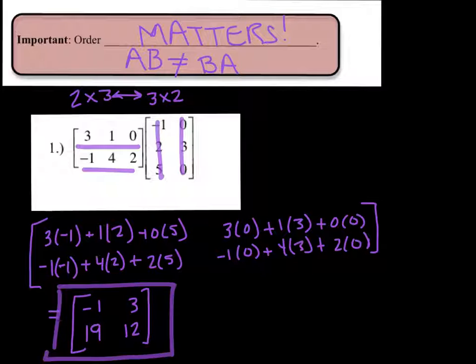And it did become a 2 by 2. So another good way to just sort of check and make sure that at least we know we did that part correctly. So multiply each row by each column. I always just do it one row at a time.